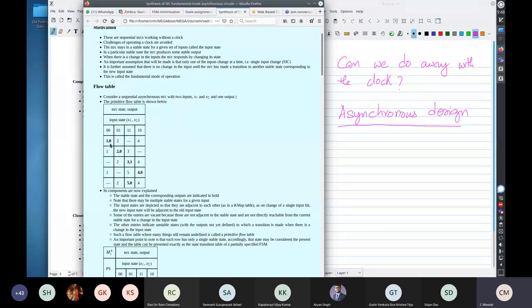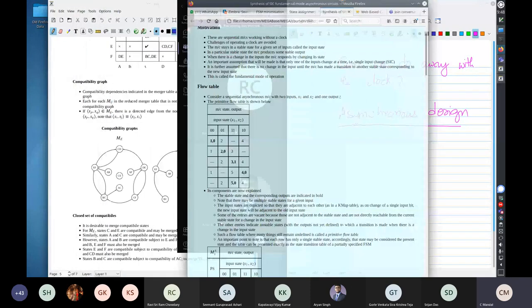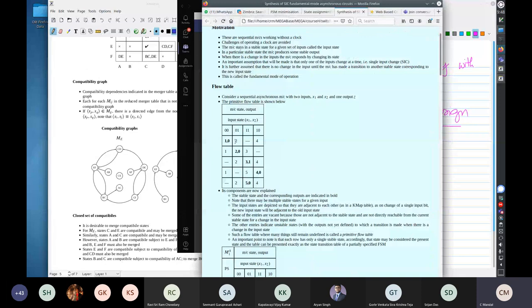So let us see how the states are behaving. The state 1, on input 0, 0, it continues over here. So these are stable states. The state 1 is stable for input 0, 0.